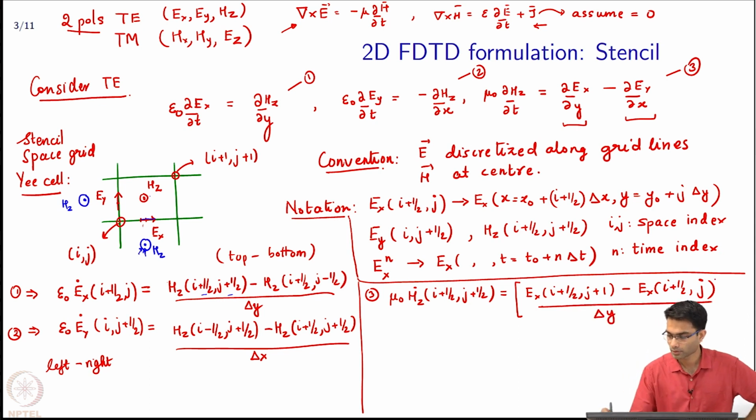That is the first term. Minus the second term, which is the Ey x derivative. What are the grid locations?